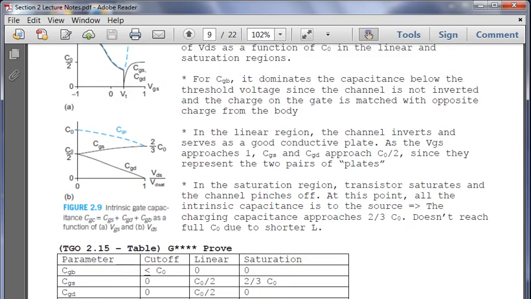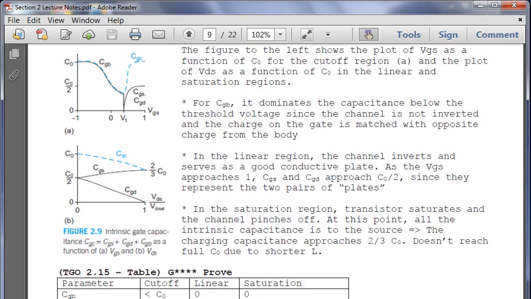Okay, does anybody have any questions on this table before we move forward? If you're viewing this on the video later, a good thing is to look at this simulation. We start out completely below the threshold voltage in the transistor, so this is just dominated by gate body.